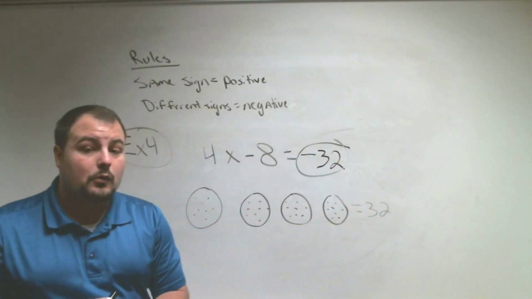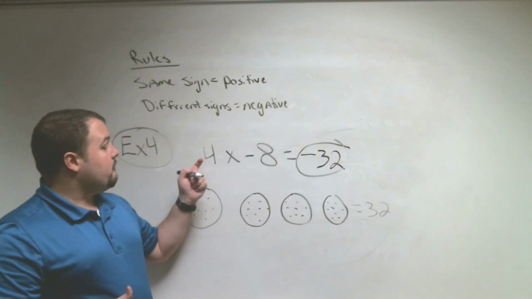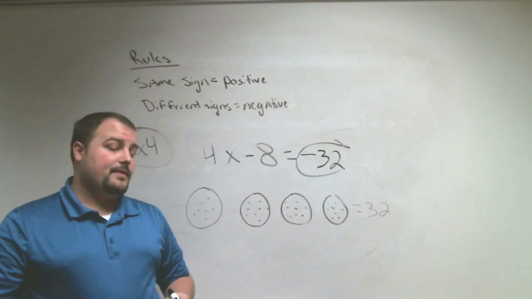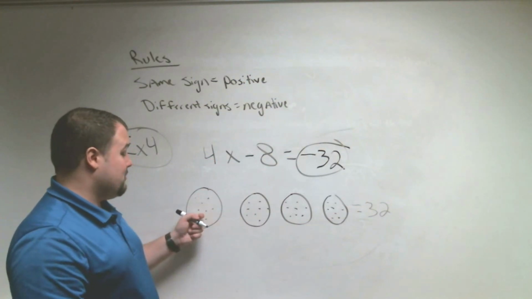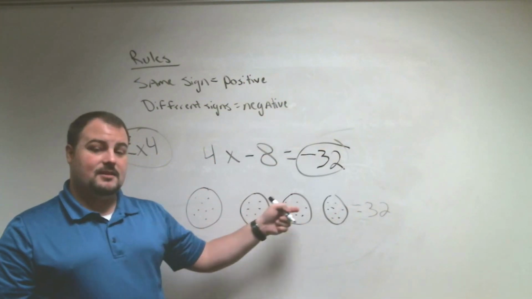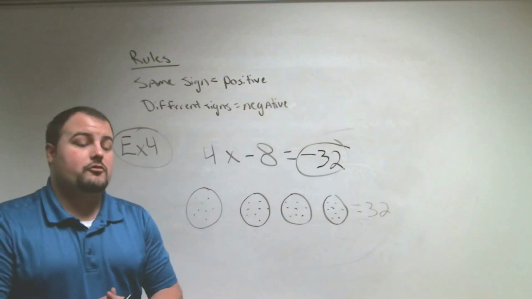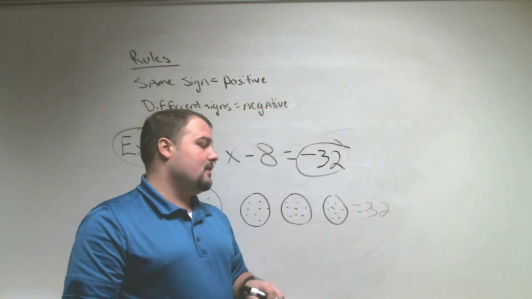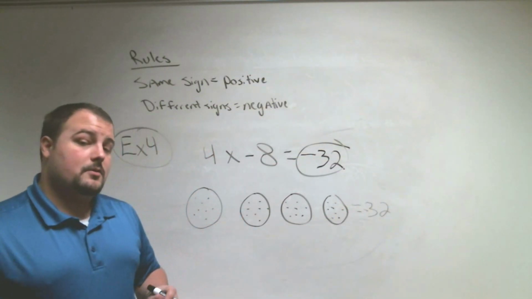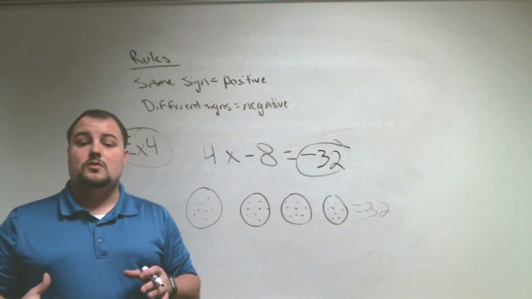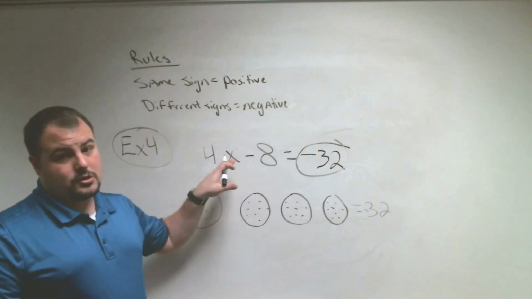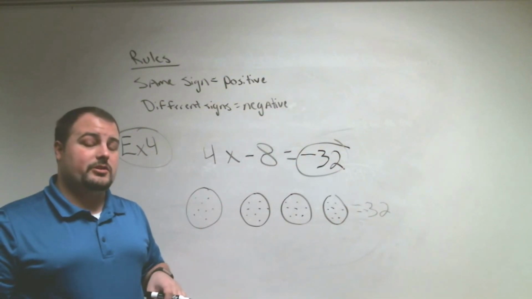Just understand the rules that whenever we have a positive times a negative, that's negative 32. So we have 4 groups of negative 8. So this would be like negative 8, negative 8, negative 8, negative 8. So 4 groups of negative 8 is going to be negative 32. So if you struggle with multiplication, you can always go back to drawing circles based on this is how many circles you should draw, this is how many should be in each circle.